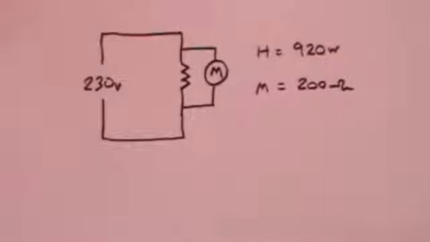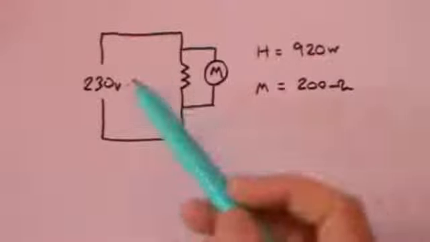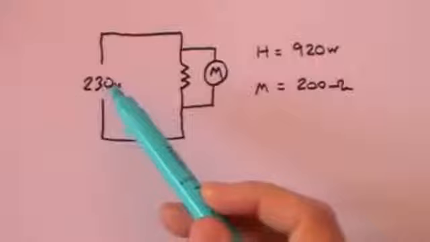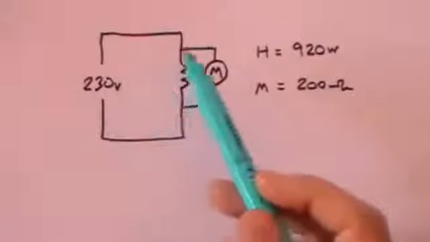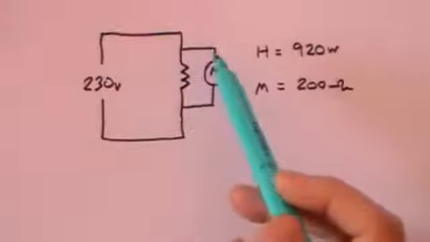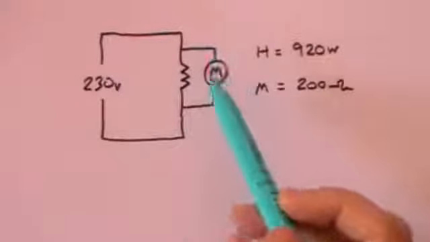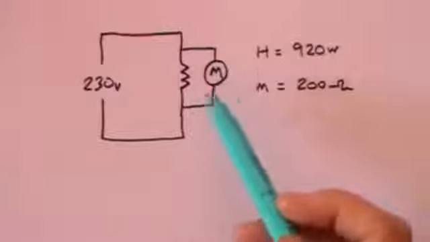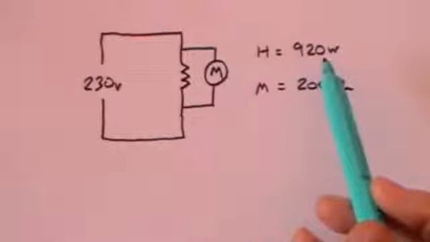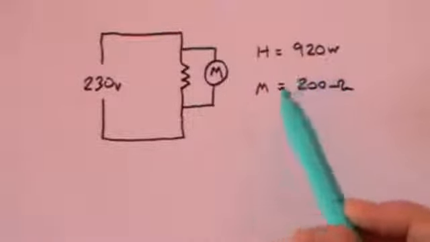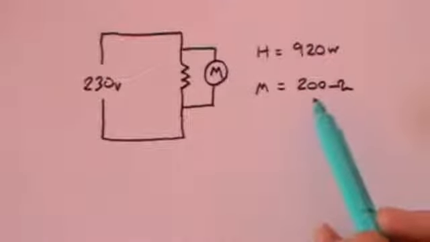Question 6. We have an electric fan heater which is plugged into the mains, which in this country is 230 volts. The electric fan heater consists of 2 parts, the actual heater itself and the motor that drives the fan. I can tell you that the heater is rated at 920 watts and that the motor has a resistance of 200 ohms.